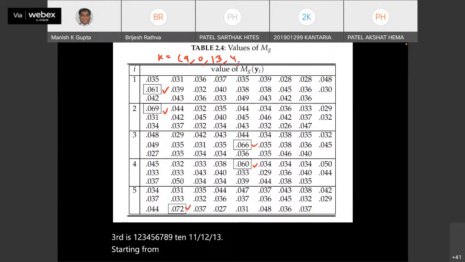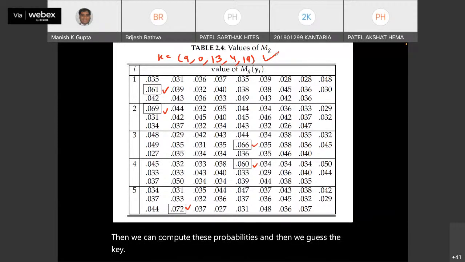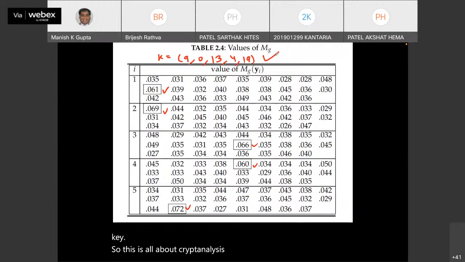Then next 4, and then next 19. This is our key. So this is how we compute the key. Once we know the m, we can compute these probabilities and then guess the key. So this is all about cryptanalysis of the Vigenere cipher.